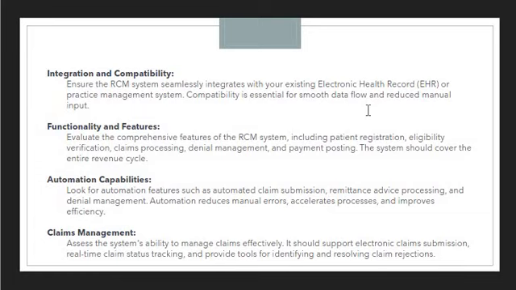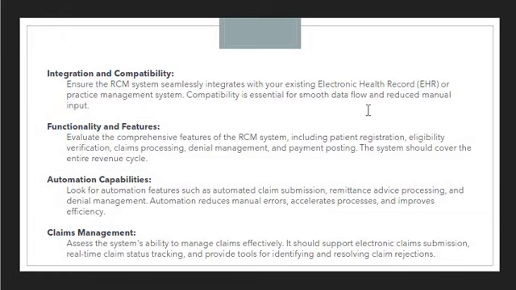Then comes claim management. Assess the system's ability to manage claims effectively. It should support electronic claim submission, real-time claim status tracking, and provide tools for identifying and resolving claim rejections.